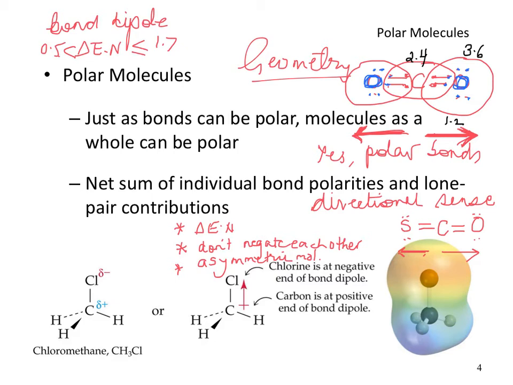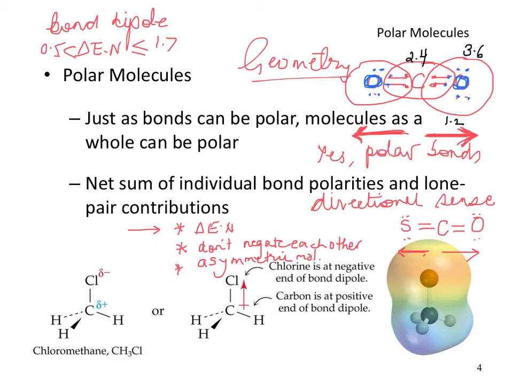So again, keep in mind, bond polarity is a requirement. Bond polarity stems from the difference in electronegativity, and if the molecule is symmetric, then they will negate each other, and overall there will be no molecular polarity. On the other hand, if it's an asymmetric molecule, then yes, you would see bond polarity culminate into the polarity of the molecule.